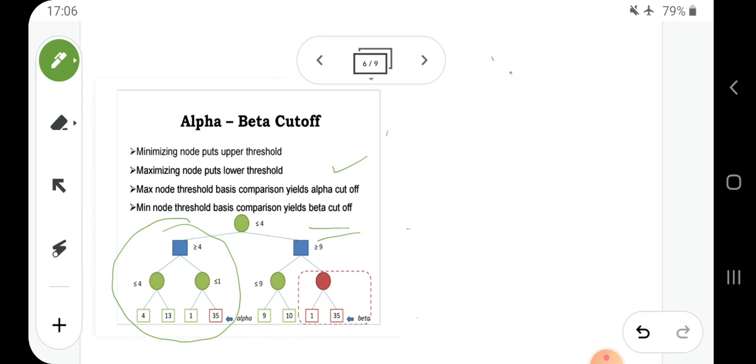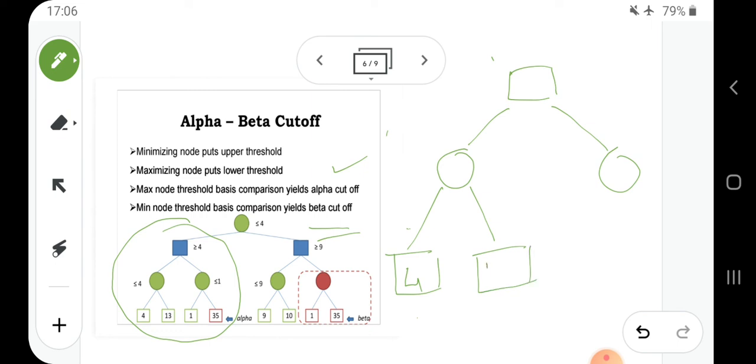So let us take this portion of the game tree, which we have marked over there. So this is 4, this is 13, this is 1, and this is 35.